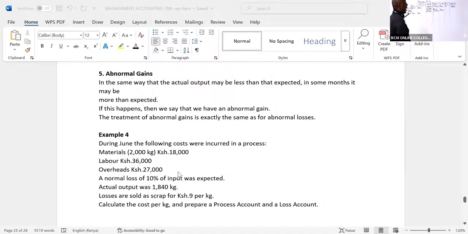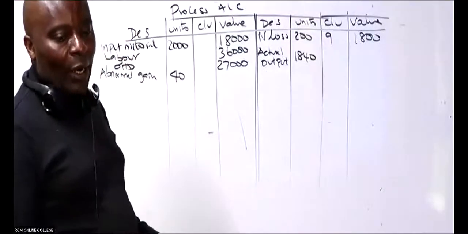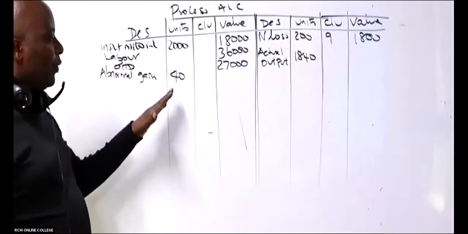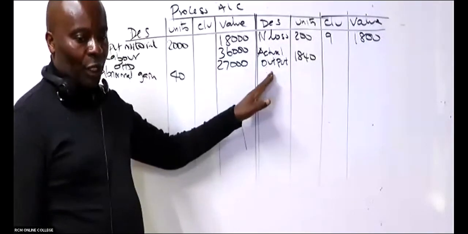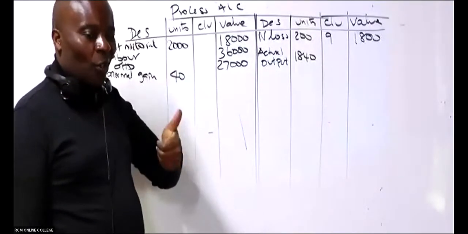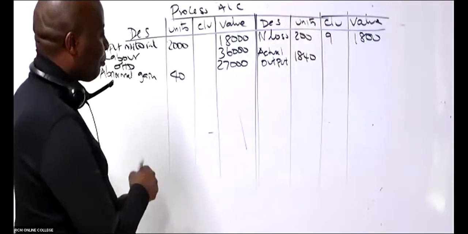So then I only have two things to value here. I would want a value for the normal gain and a value for the actual output. For these two things, I'll have to use the process cost per unit formula.